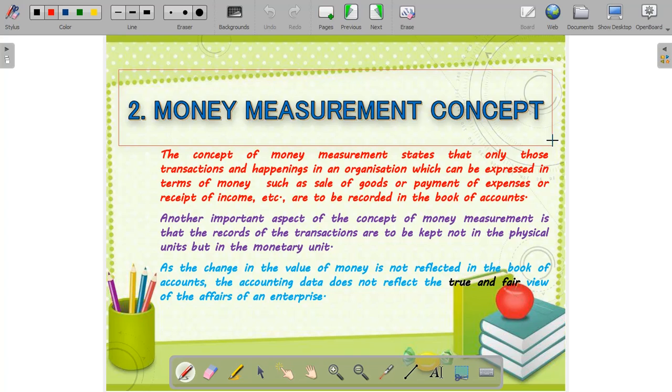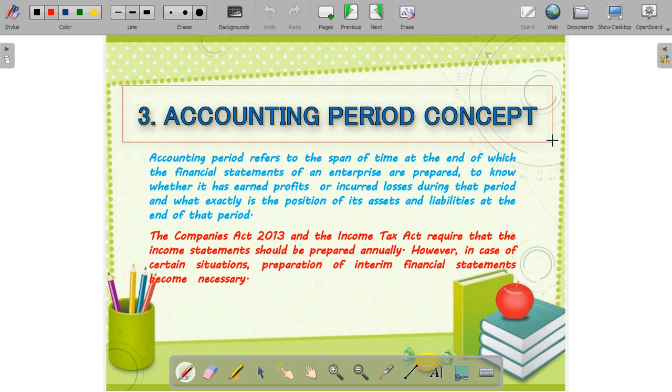Then the third principle of accounting, which is very important, is the accounting period principle. According to this principle, the economic life of an enterprise is split into periodic intervals, right? And those periodic intervals are known as the accounting period.